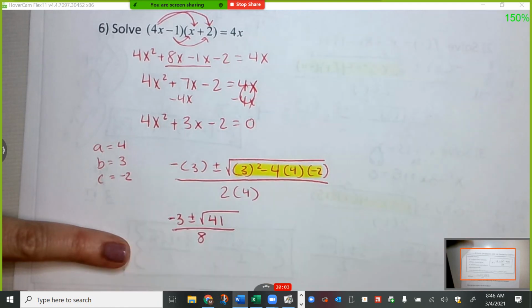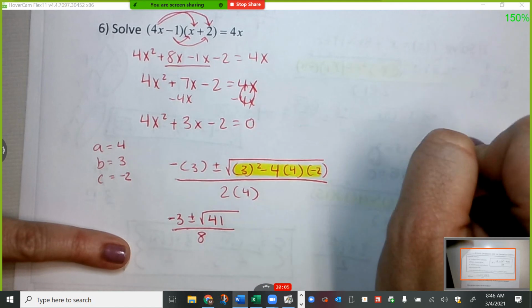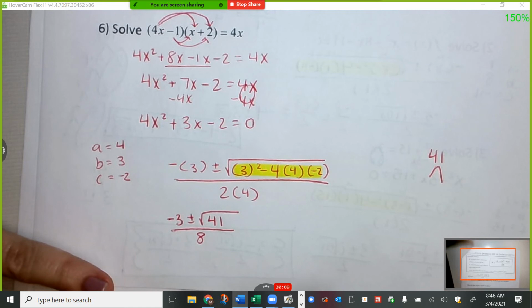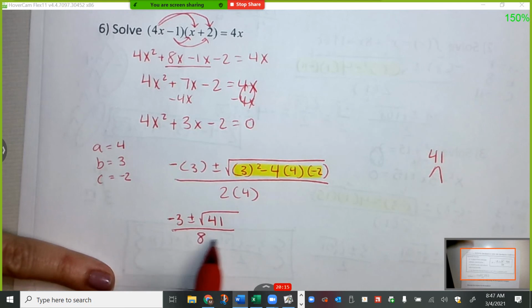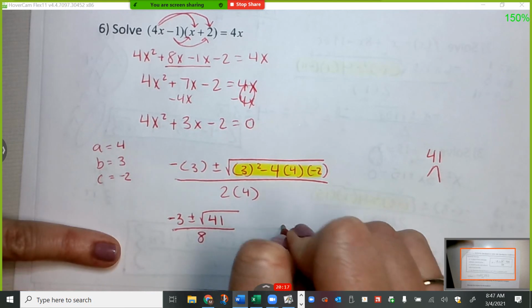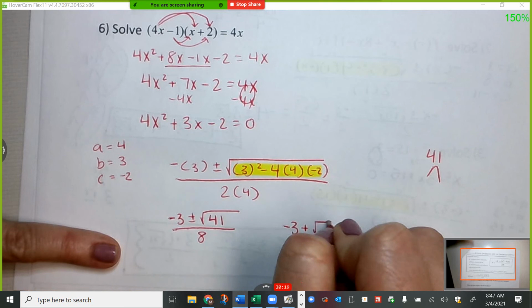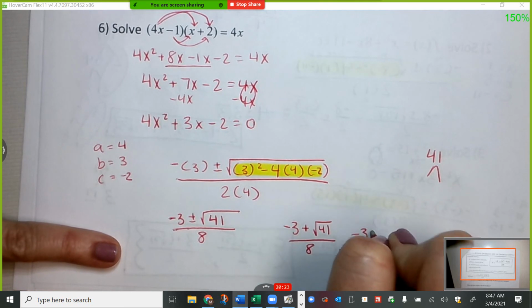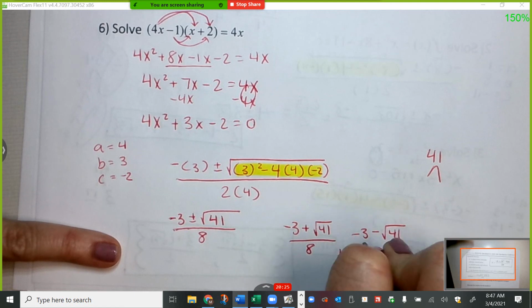Which is not a perfect square, so I'm going to have to break it down. What goes into 41? I don't think anything does. You can't break it down, so it stays. And so this cannot simplify at all, so we literally just separate. And there's your answer.